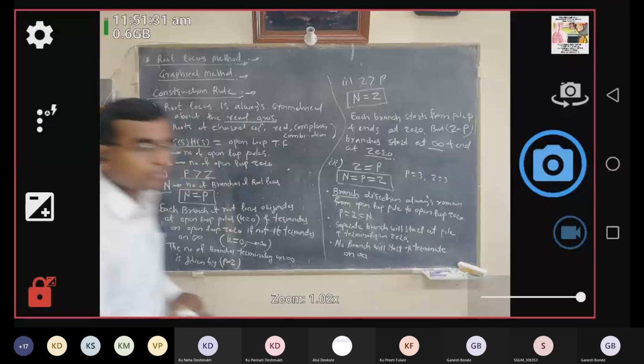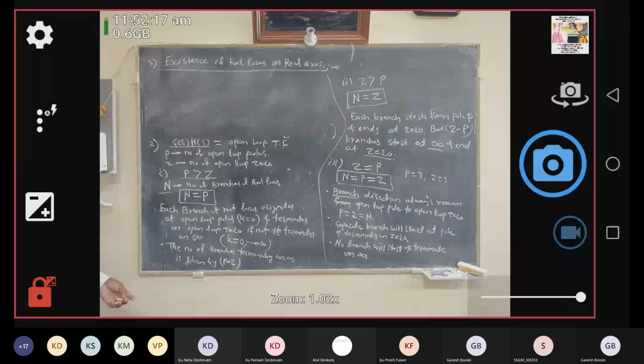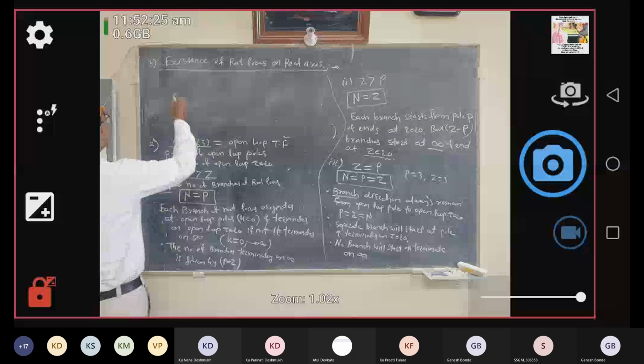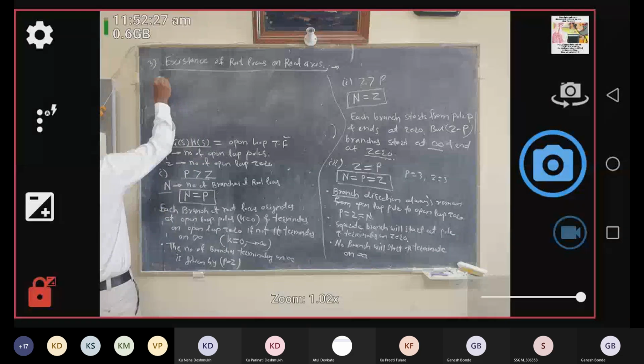So how do we determine whether root locus exists on the real axis or not? For that purpose, we just take one example. So you just note this down.